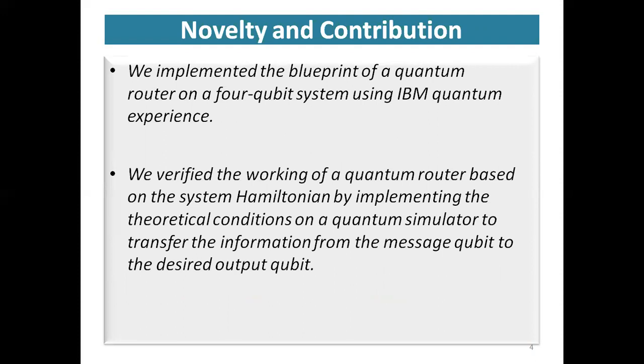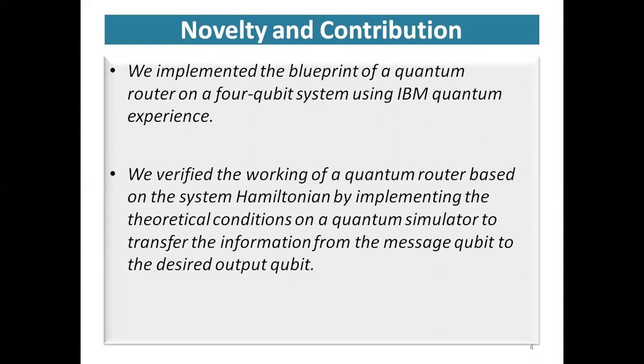The novelty and contribution in this paper is that we implemented the blueprint of a quantum router on a 4-qubit system using IBM's quantum experience platform, which is available via cloud computing. We verified the working of a quantum router based on the system Hamiltonian by implementing a few conditions which have been proposed earlier in a paper, whose link we will provide in the description if you are interested.